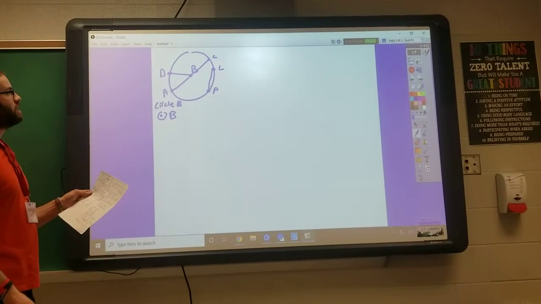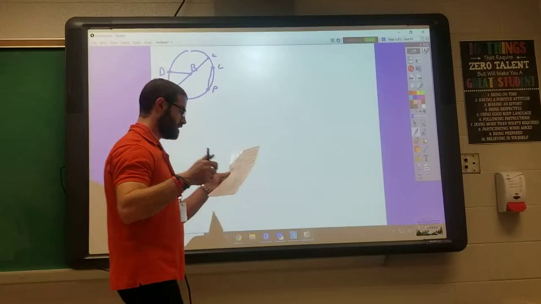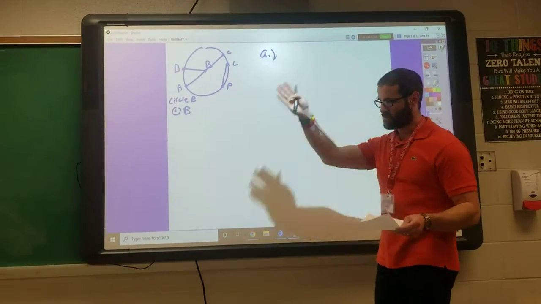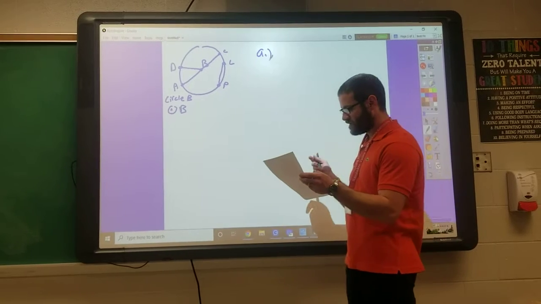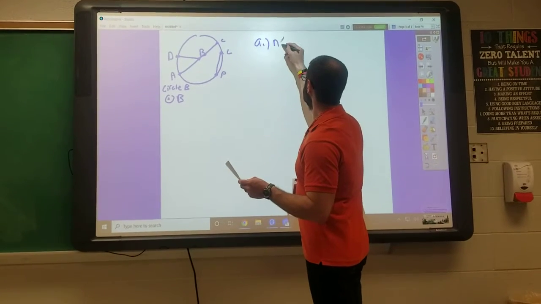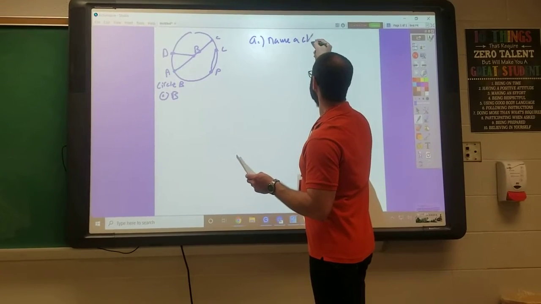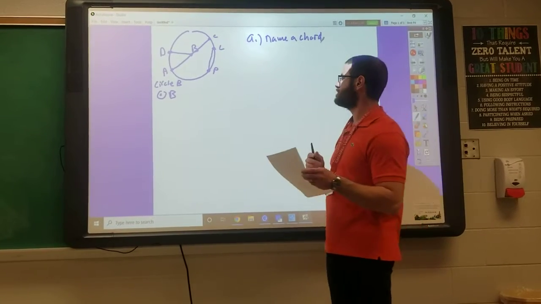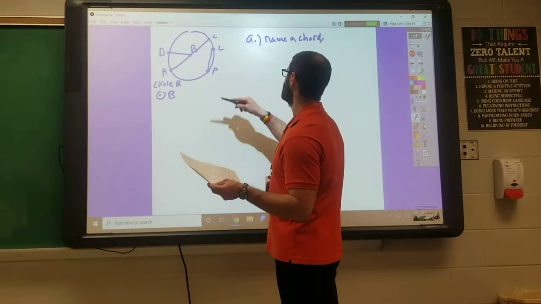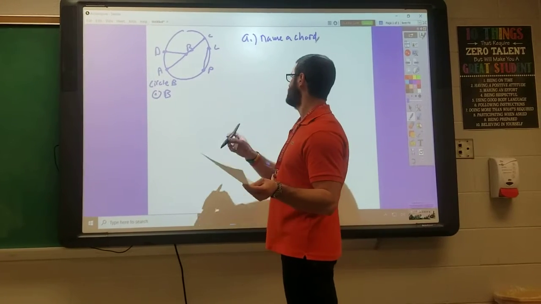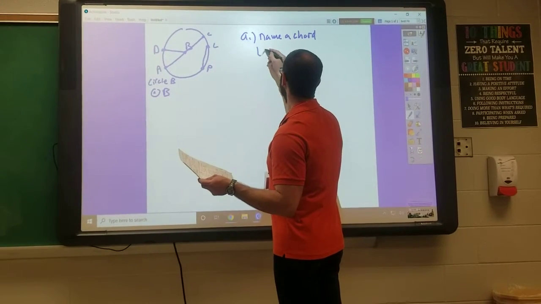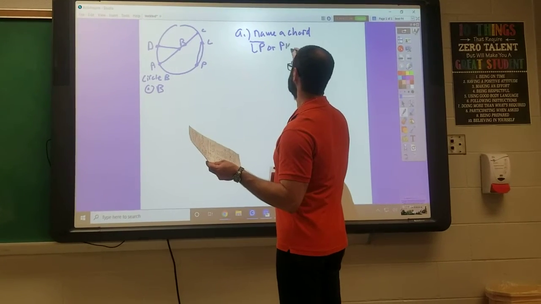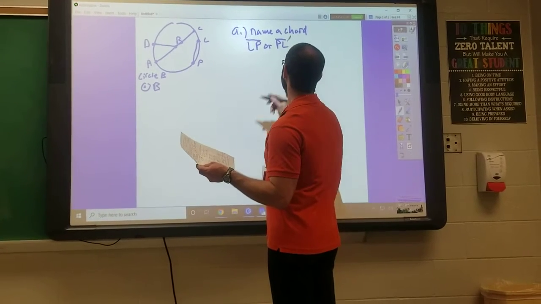This is basically how one of the problems you're going to do will work. First of all, name a chord. Remember, a chord is any segment that has 2 endpoints on the circle. So let's look at LP. That has 2 endpoints on the circle, right? So segment LP. Remember, we can also call that PL. With a segment, the order doesn't matter.